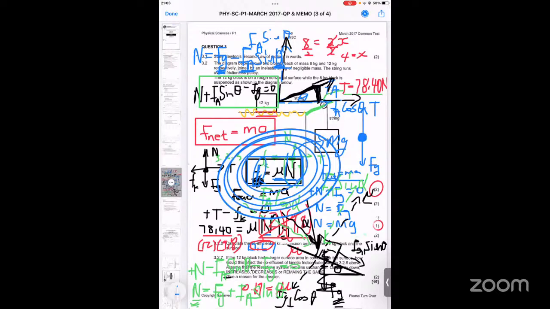Whatever you have as the subject, you substitute into this formula, because sometimes you will be given mu but not N. So you need to work out N based on the available up and down forces. Then that's when you will calculate the frictional force.